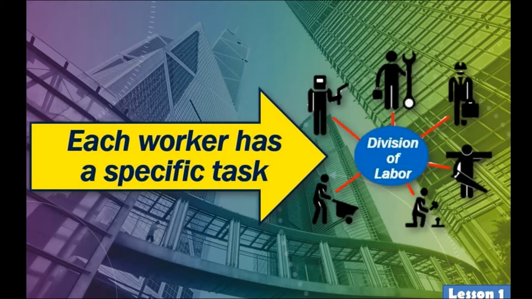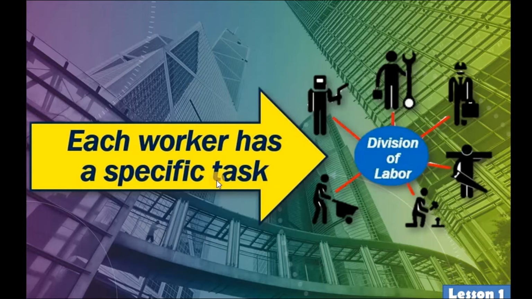Kasi kung isa lang ang gumagawa niyan, automatically, maybe si customer, hindi siya happy. Kasi bago ka pa nakakain, ang tagal mo pang inantay. Kasi nga po, isa lang yung kumikilos. So, yun yung tinatawag natin na division of labor. Paano natin dinidivide si labor?